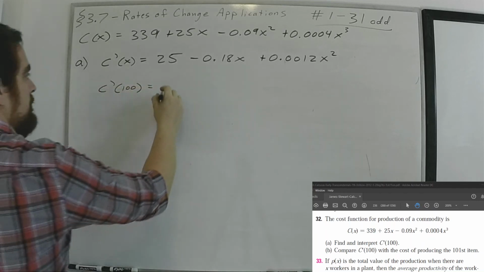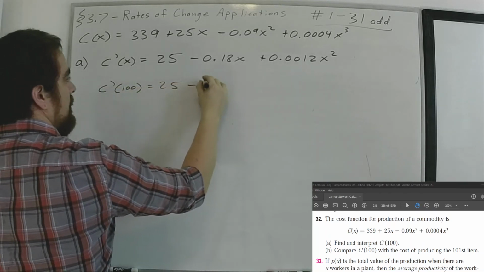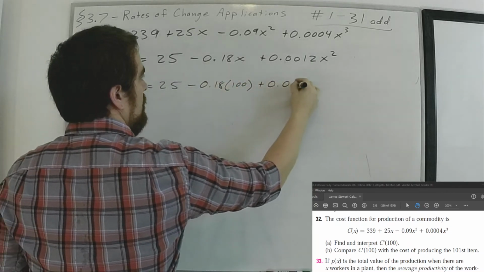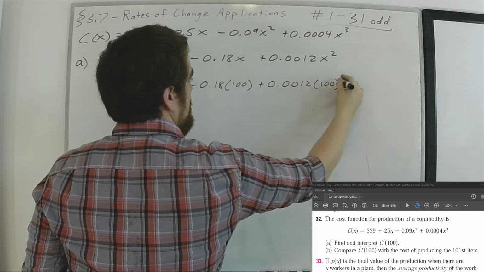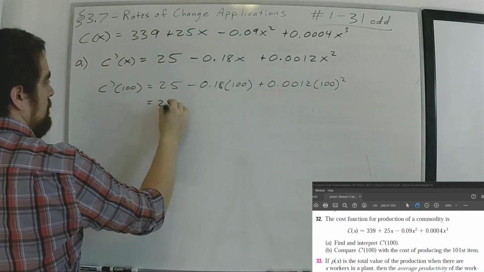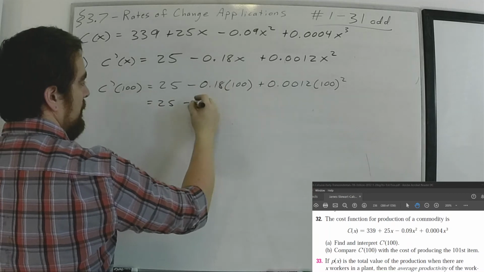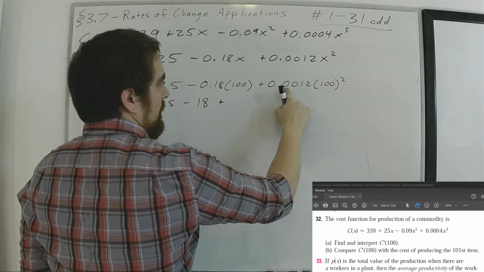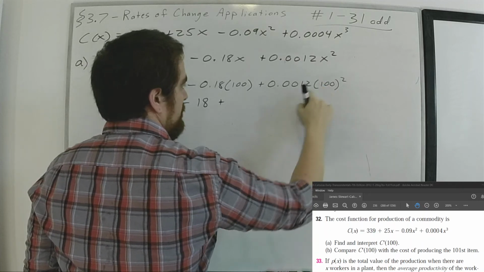C prime of 100, that means I'm plugging in 100 wherever I see x. There's 100, there's 100, but be careful, that one's squared on the end. So this is going to be 25 minus, multiplying by 100 just moves that decimal, so that's not too bad. Multiplying by 100 moves the decimal, and then multiplying by 100 again moves the decimal.